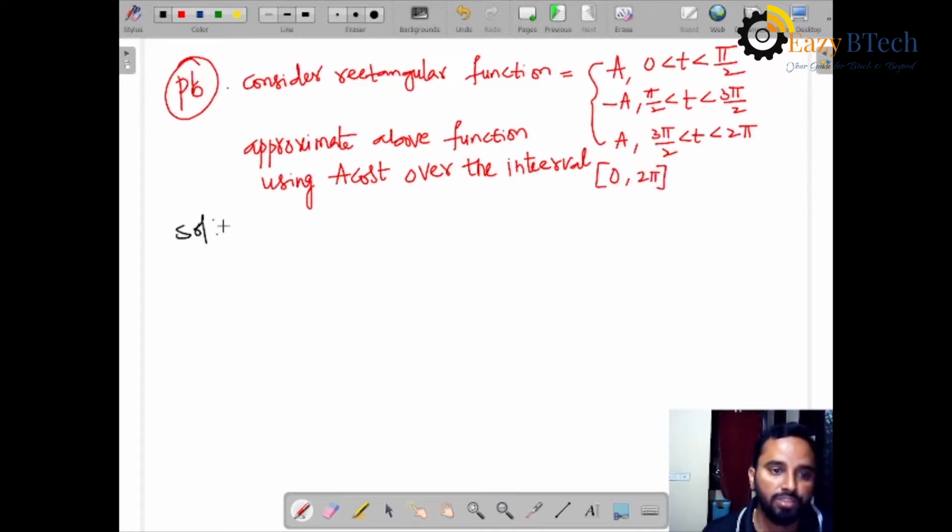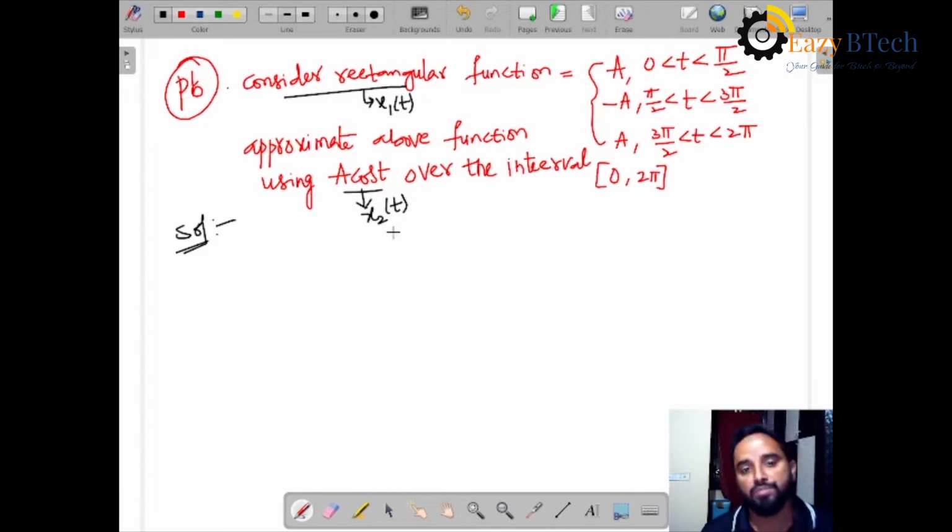Here we have two signals: one is a rectangular function, another is a cos t function, a sinusoidal function. The rectangular function I am taking as x1 of t, the first signal, and a cos t as x2 of t. Now we need to express x1 of t in terms of x2 of t. We know x1 of t is equal to x2 of t c12 plus error xe of t.